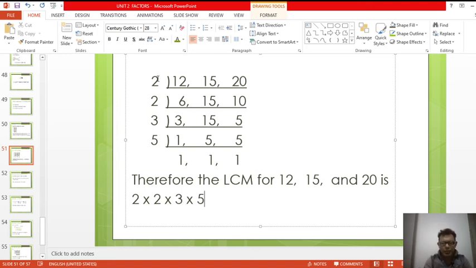Okay, let me review. 2 times 2 times 3 times 5. Then that will be your LCM. So how much? 2 times 2 is 4. 4 times 3 is 12, right? And 12 times 5 is how much? That would be 60, right? 12 times 5. Yep, I think it's 60.